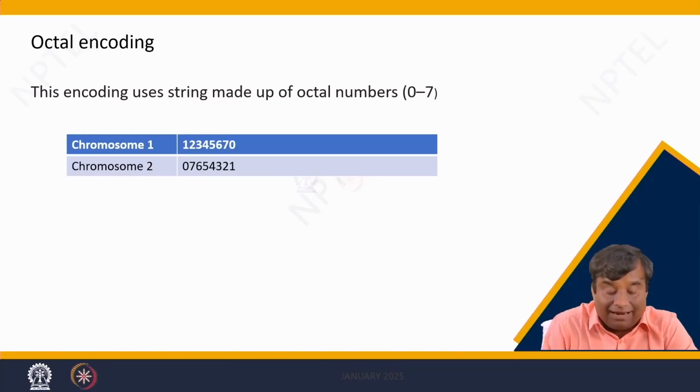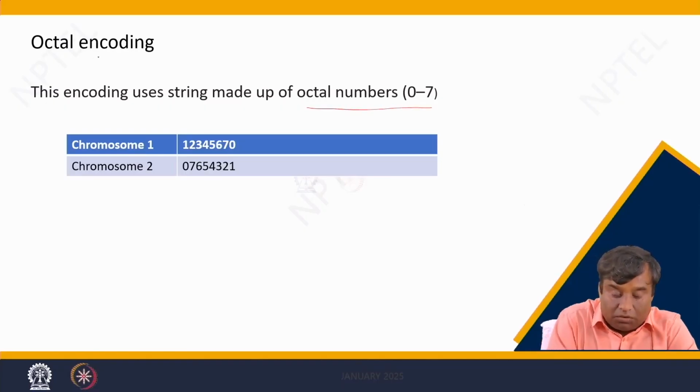What is that? Octal encoding. You know the octal numbers are 0 to 7. In octal encoding, we use a string made up of octal numbers from 0 to 7. Suppose chromosome 1 is 1, 2, 3, 4, 5, 6, 7, 0.